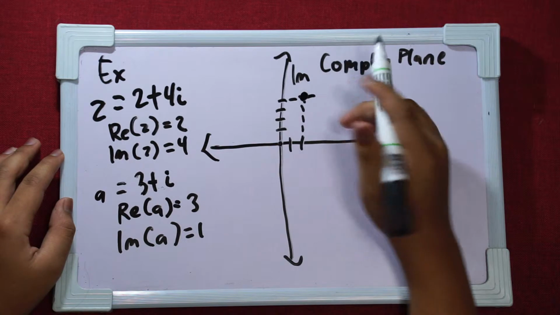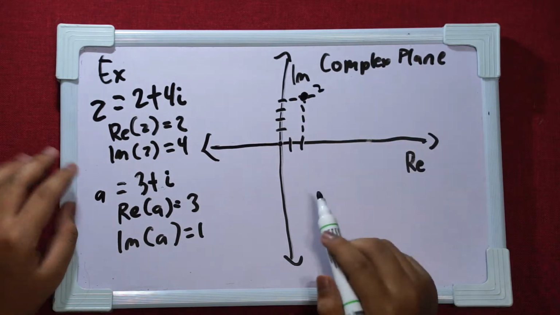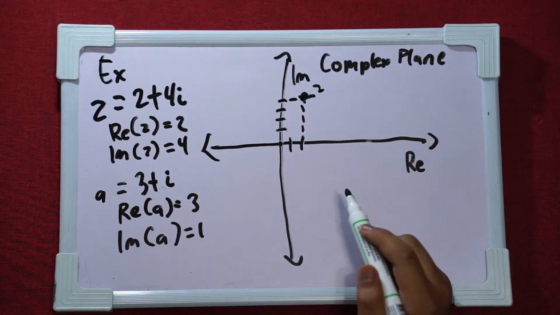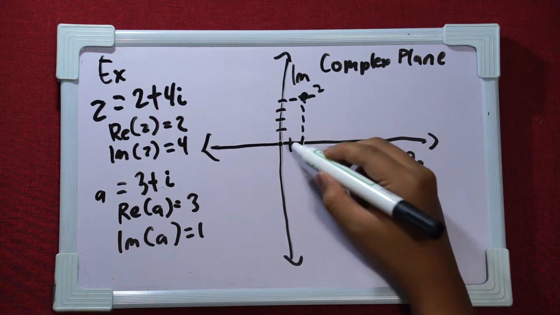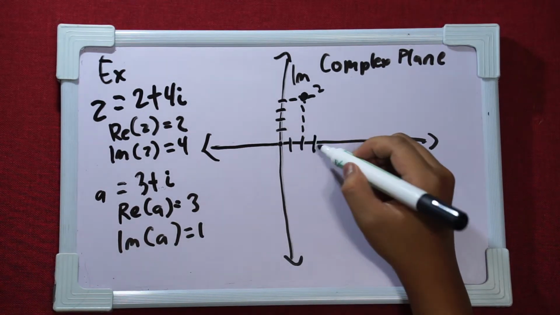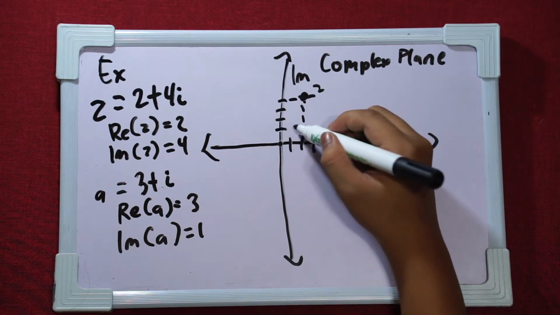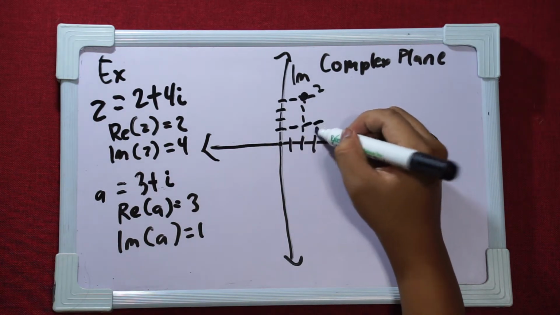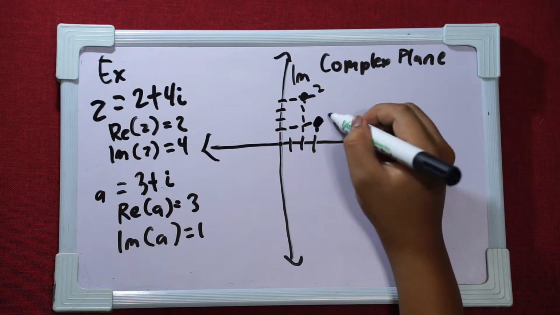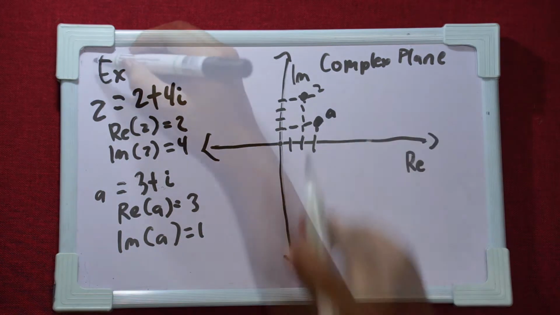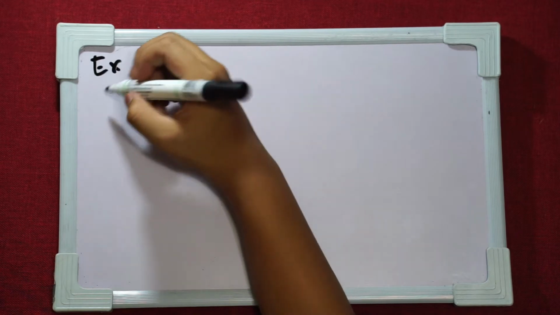So this is z. On a, the real part of a is 3. So 1, 2, 3, and the imaginary part of a is 1. So a would be here. This is a.